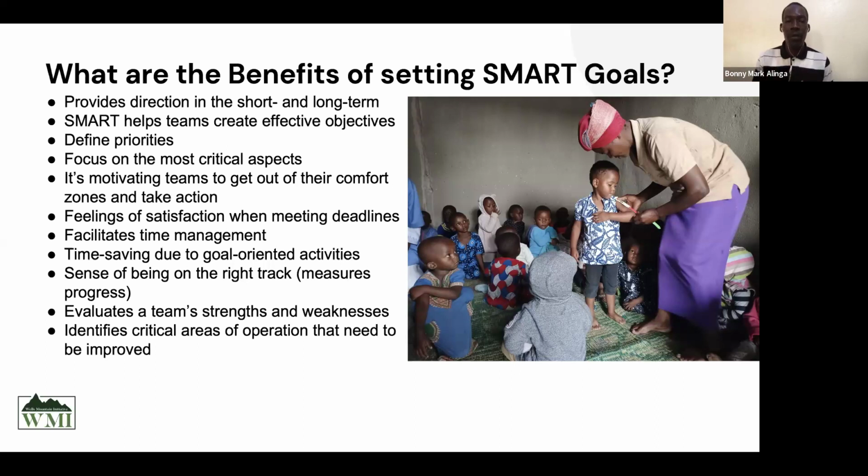You are able to measure how you're succeeding in your implementation. It helps the team to evaluate the strengths and weaknesses that the team is having in the process of implementing a particular goal that they are looking forward to.